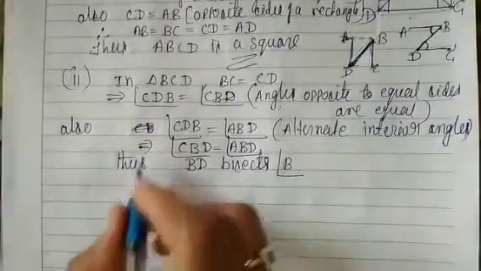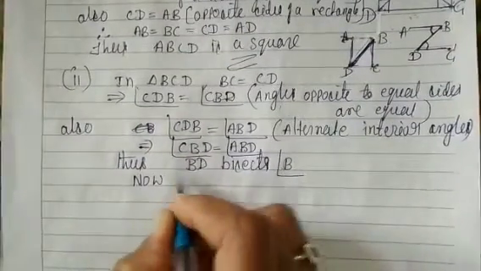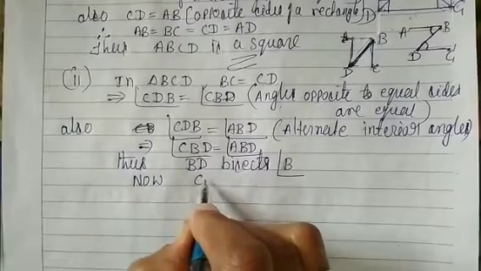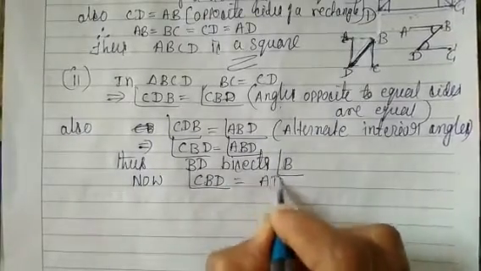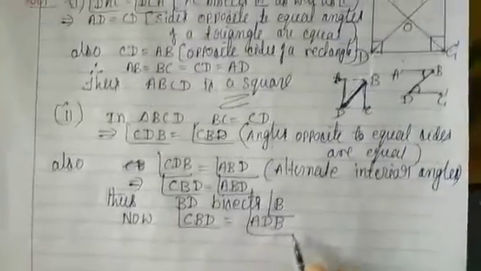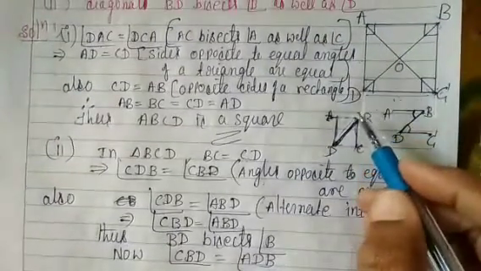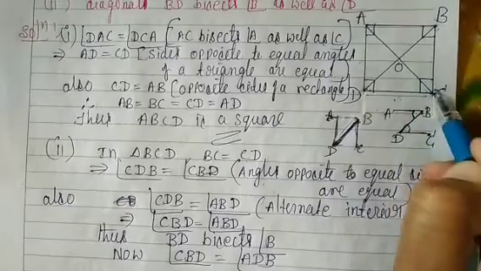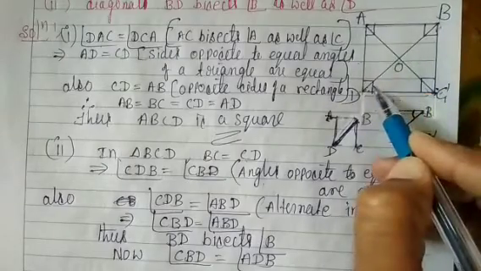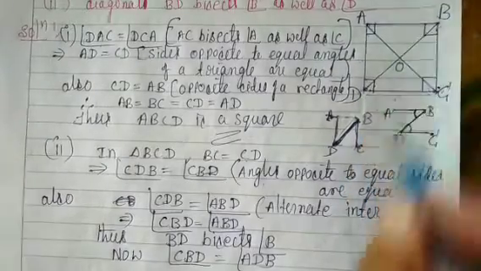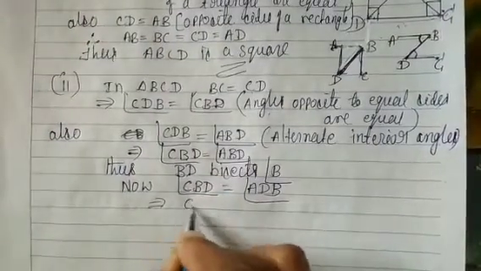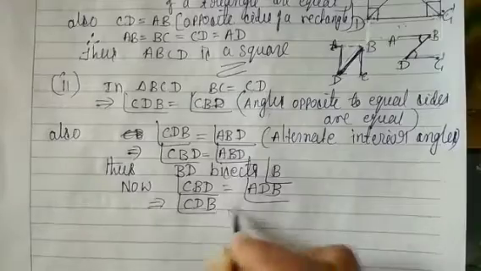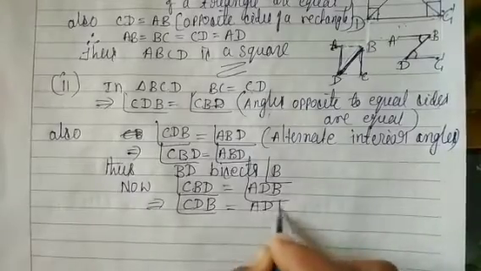Now angle CBD is equal to angle ADB. Look at this figure. Angle CBD is equal to angle ADB, and angle CDB is equal to angle ADB.